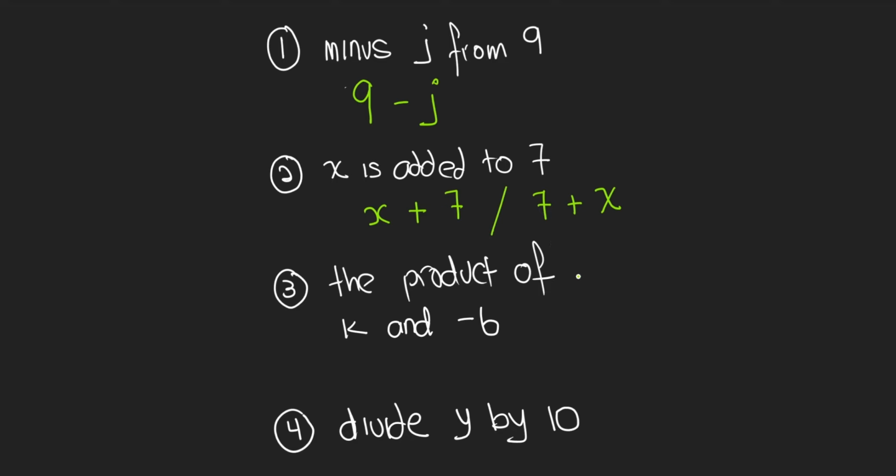The next one, the product of k and negative 6. Now, when they say product, this is just a fancy word of saying multiply, right? So we can do this, k multiply negative 6, or we can write it as negative 6k, or we can write it as negative 6 multiply k.